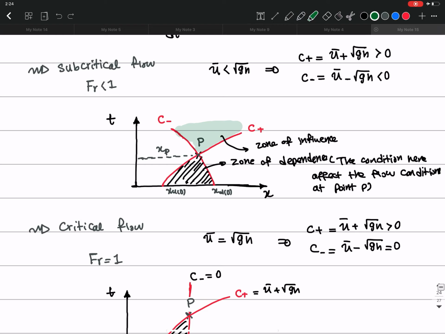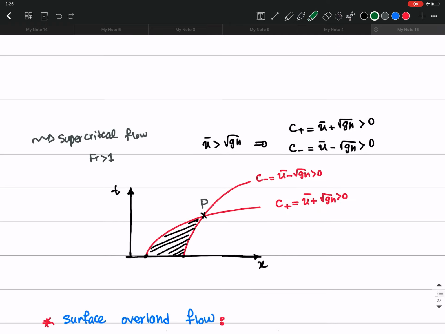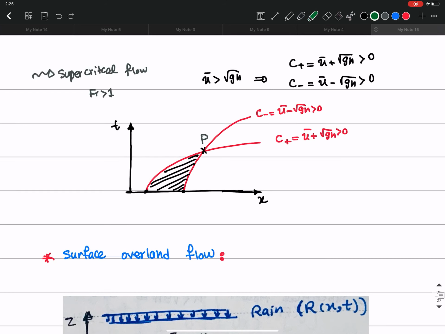This is a hyperbolic formula, meaning that we have two waves. One wave that, depending on the flow, if the flow is subcritical, will move to the left-hand side, and one wave which is going to travel to the right. And if it is critical, we only have one wave that is going to just move to the right. And if it is supercritical, we will have two waves that are going to move to the right at the same time.